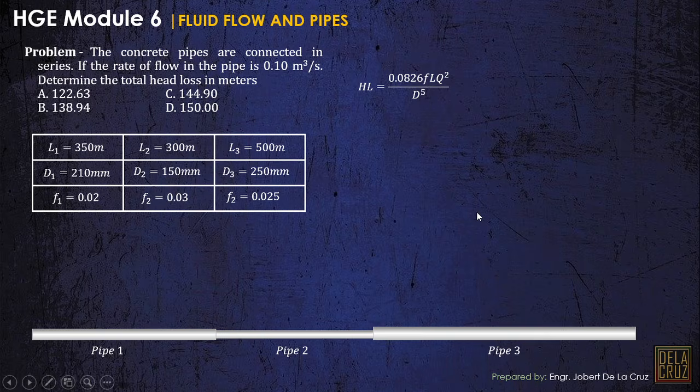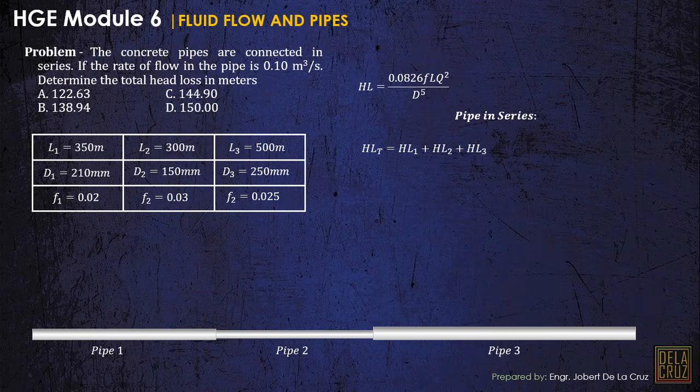Now, we should know two principles to deal with pipes in series. For pipes in series, the total major head loss is equal to the sum of all head losses on each pipe. Why is this so? Later we will show it in the energy grade lines.